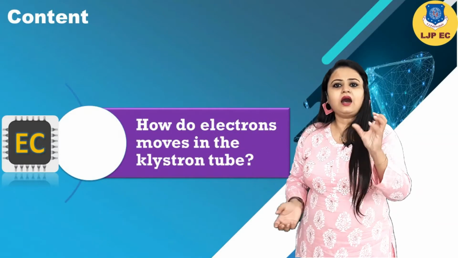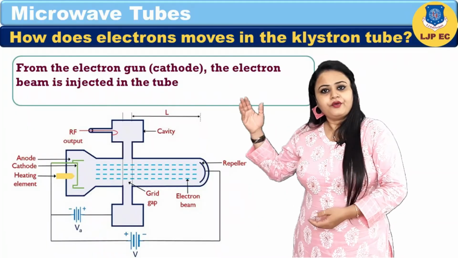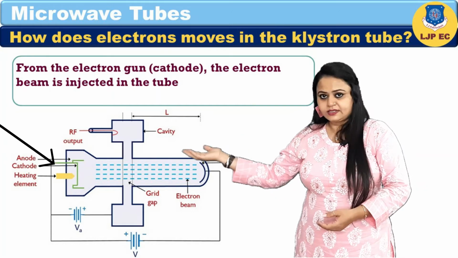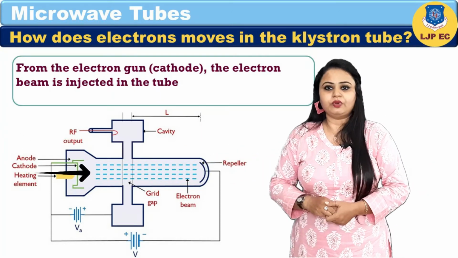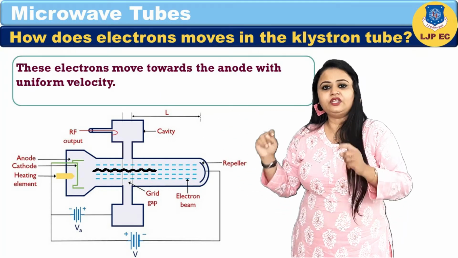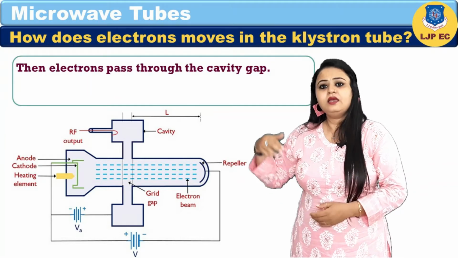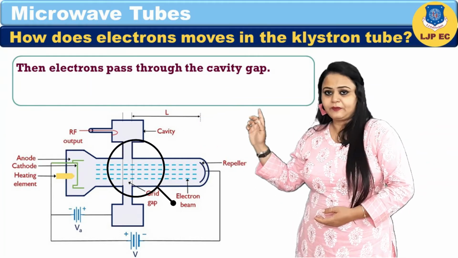Now let us see how electrons move in the klystron tube. From the electron gun, that is the cathode, the electron beam is injected in the tube. These electrons move towards the anode with uniform velocity. Then the electrons pass through the cavity gap.